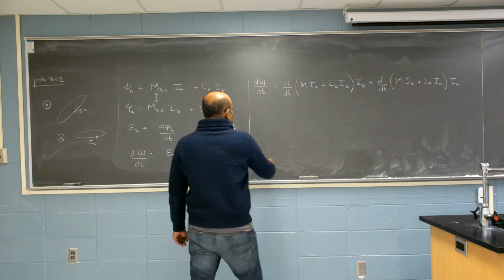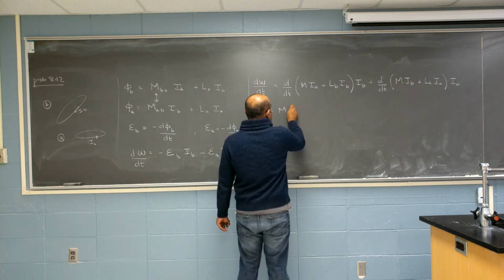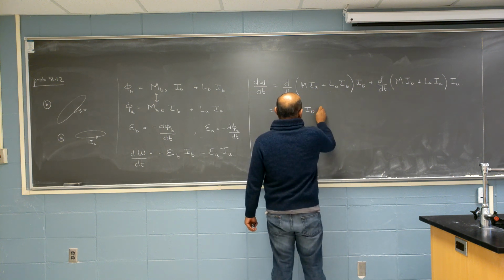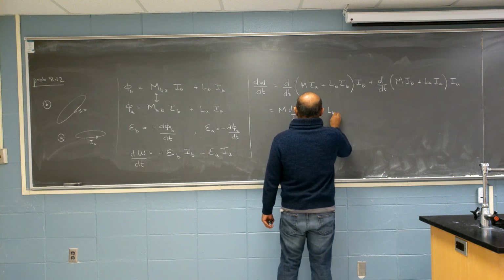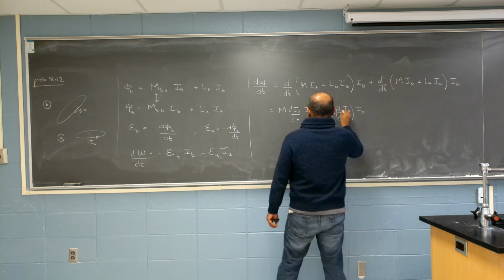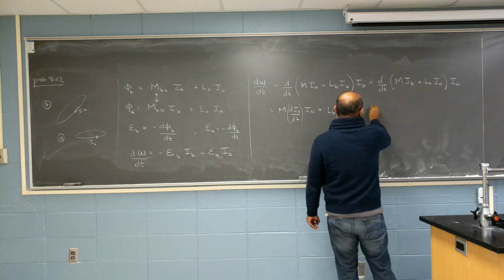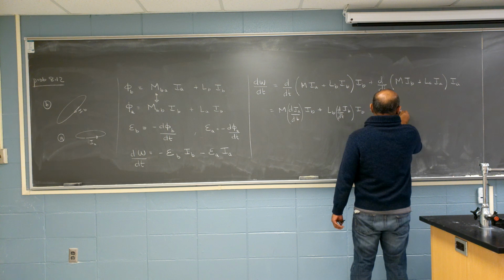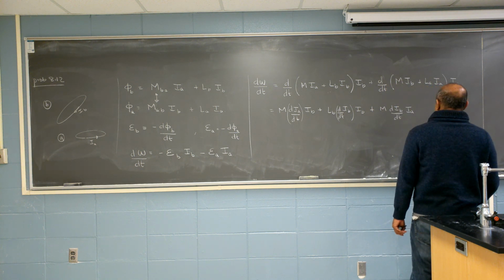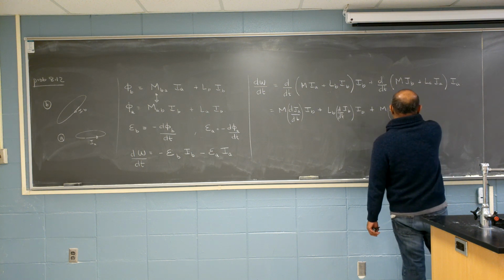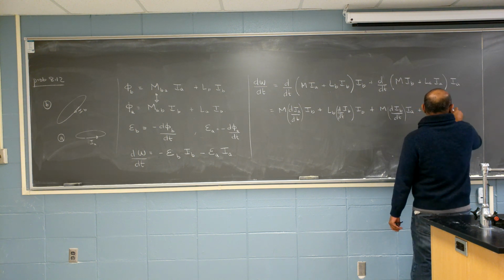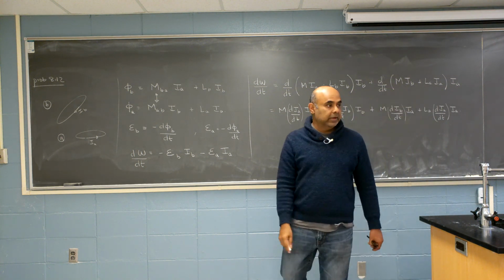Again, these things are not moving. Then I'm going to multiply I_B plus L_B d/dt of I_B times I_B. Plus L_A.